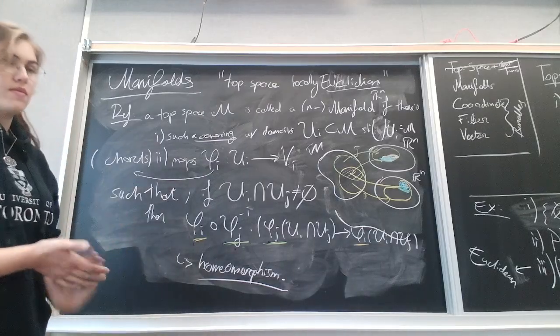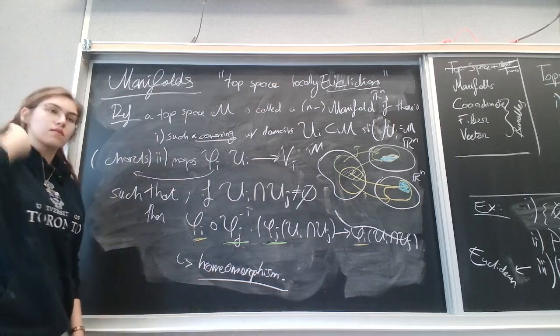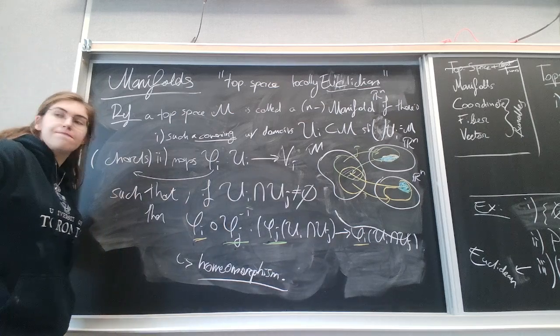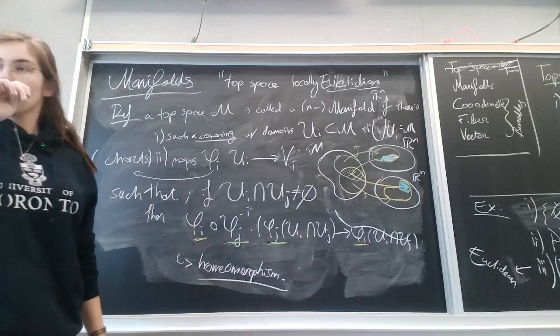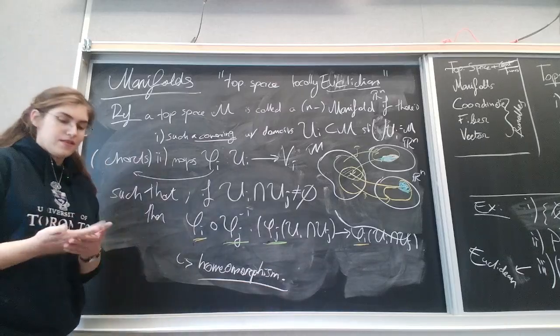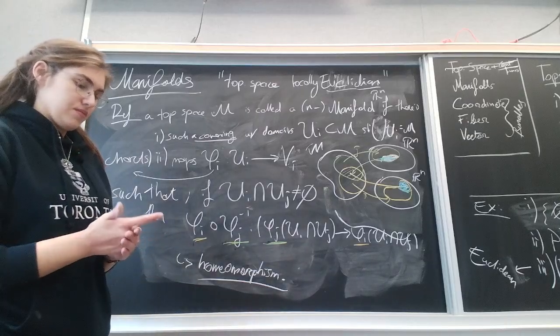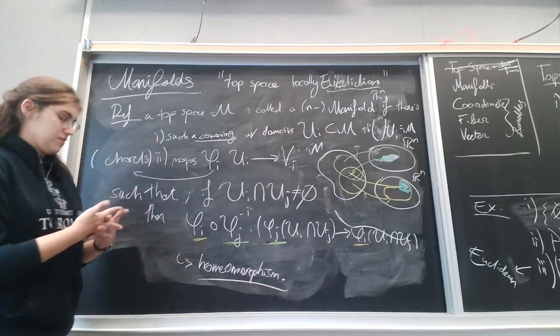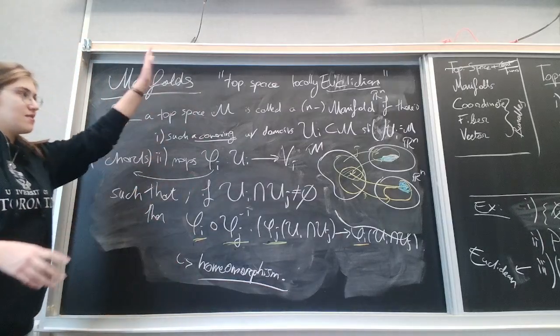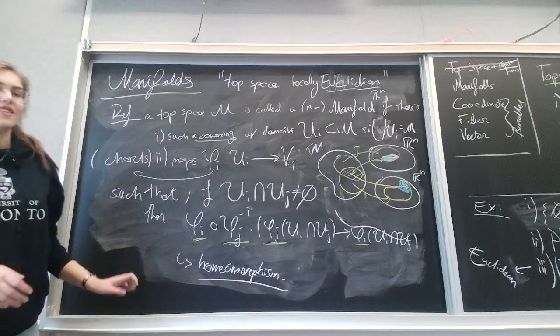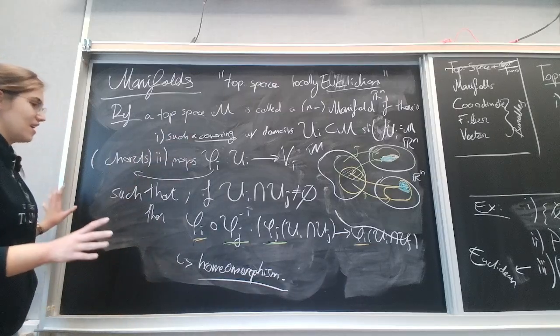There shouldn't be any difference. So that region of the map should be homeomorphic to that other region of the map. In other words, it should be the same. So if I have two different maps covering the same area, that part should be the same in each of the maps. Okay, so this is basically what a manifold will mean in a topological sense.